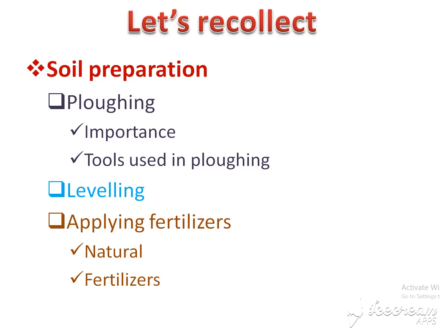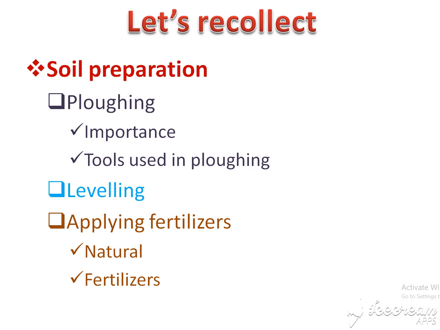So why do we plow the soil? We learned in the last class, when we plow the soil, the soil gets air and proper nutrients, and due to plowing, the plants fix firmly into the soil.